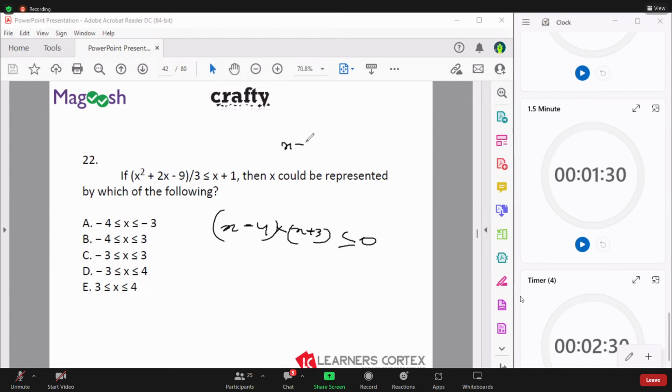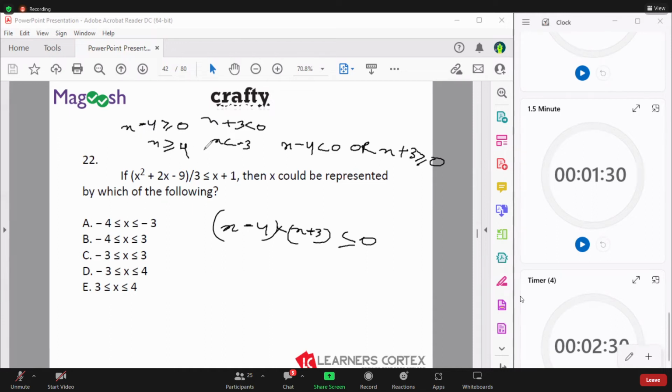So either x minus 4 is less than 0 and x plus 3 is greater than or equal to 0, or x minus 4 is greater than or equal to 0 and x plus 3 is less than 0. So this will be x is less than minus 3 and x is greater than or equal to 4.